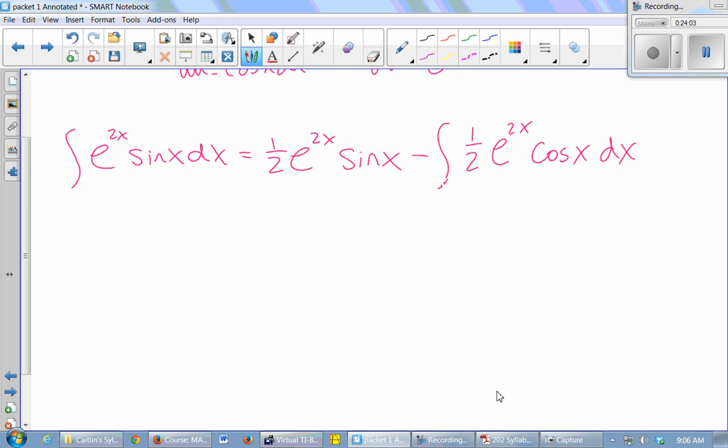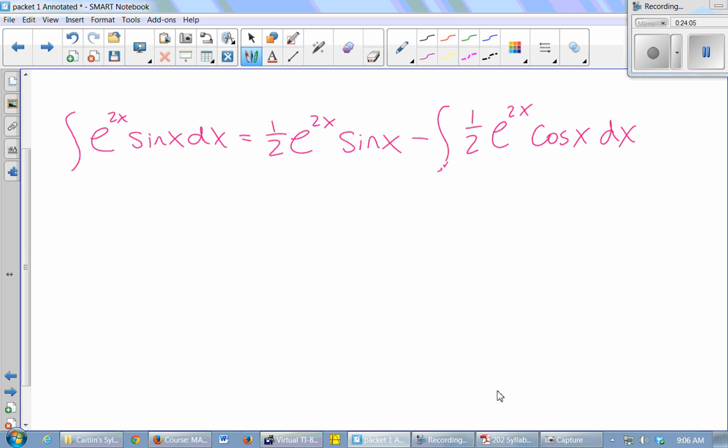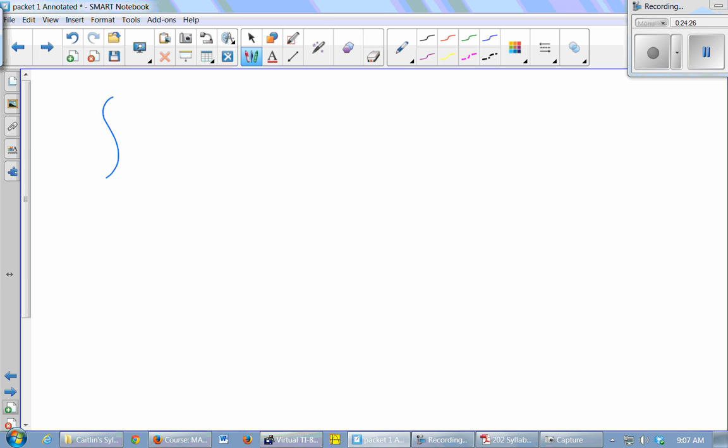So let's try. We have to not forget the big picture, right? Don't forget this whole line. Now I'm just going to take this integral, do some side work to see if I can get an expression for that integral. I'll pull the 1/2 out. So I just am going to do e to the 2x cosine x dx. By parts says choose a u and choose a dv.